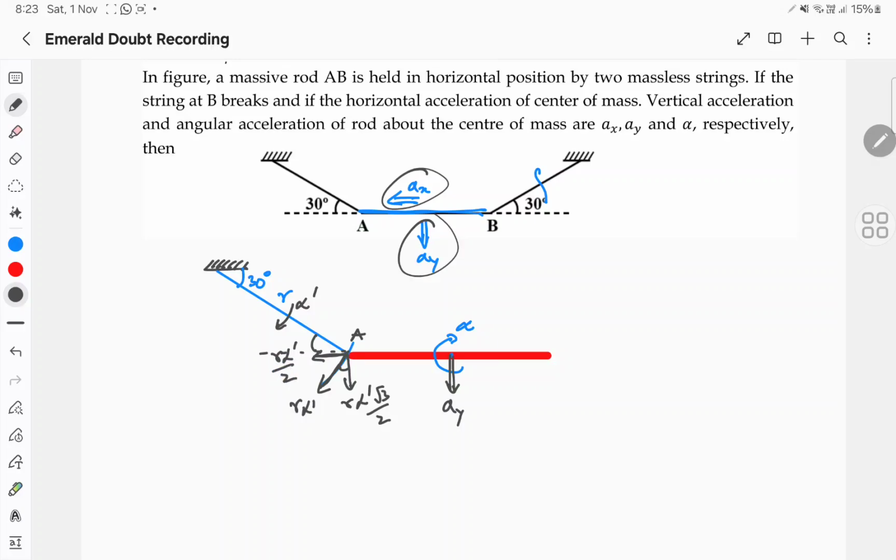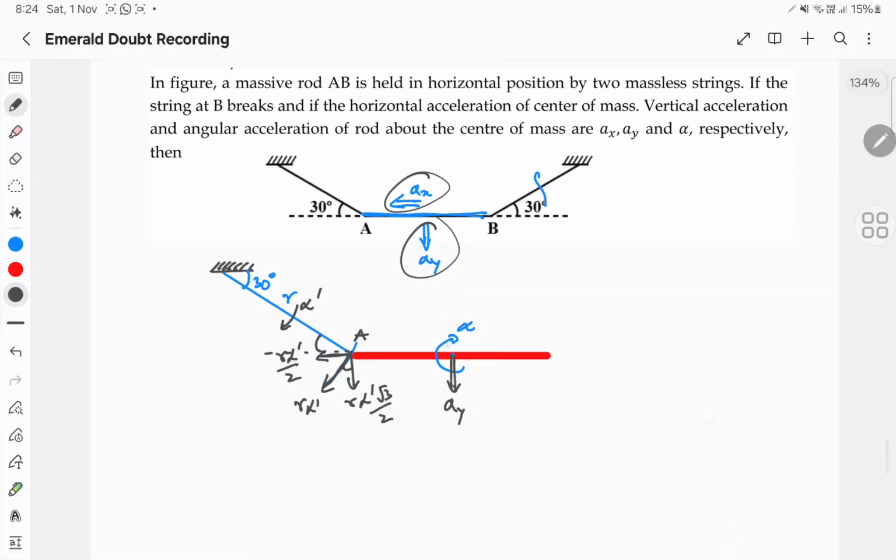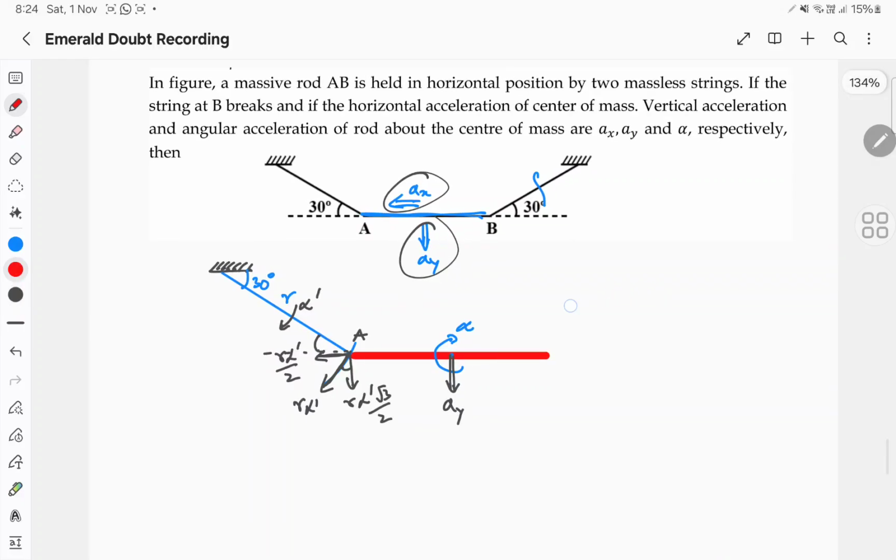So what is this R alpha dash divided by 2 and R alpha dash root 3 by 2 in terms of AX and AY? So clearly the rod, I'll just draw the rod again over here and look at the rod. The rod is rotating with alpha with respect to the center of mass, and it is going down with AY.